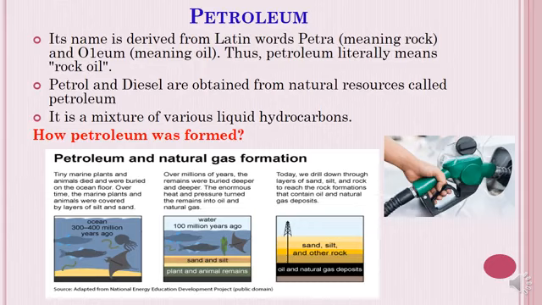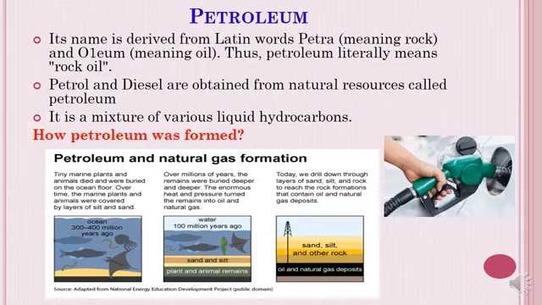Now, I am going to discuss how petroleum was formed. Petroleum was formed from the remains of very tiny animals and plants that lived in seas and died millions of years ago. After they died, their bodies sank and got buried at the bottom of seas. Over time, they were covered by layers of sand, silt, and clay.